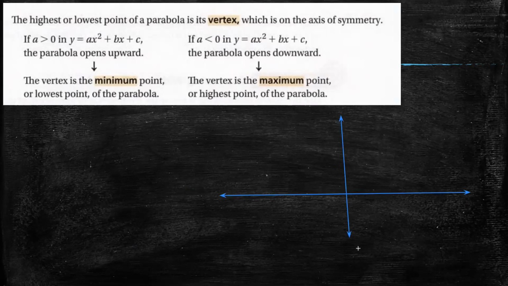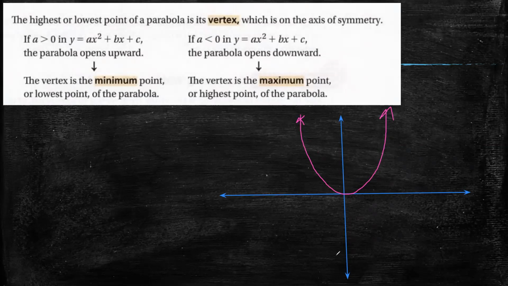This is the y-axis. And the shape, like this is the, sorry. This is now the U-shape for the parabola.